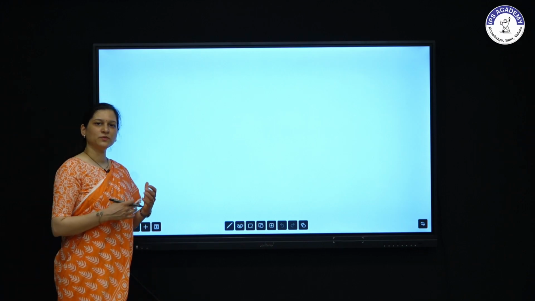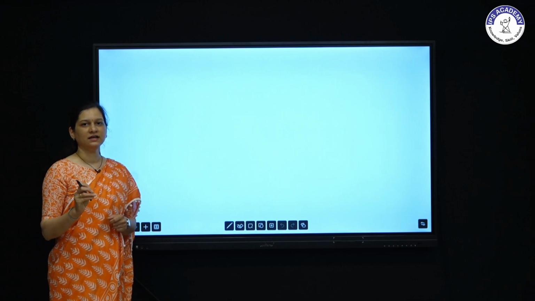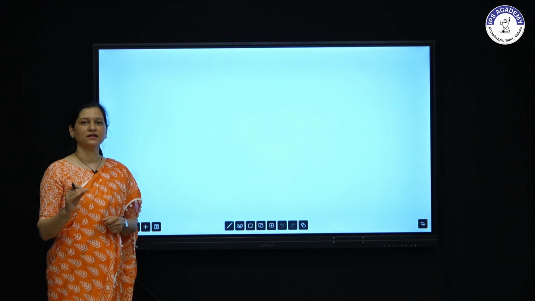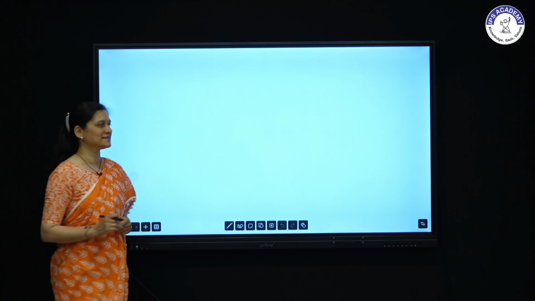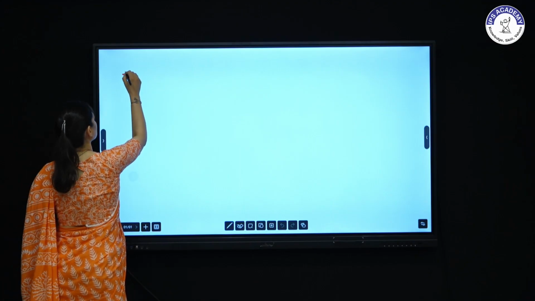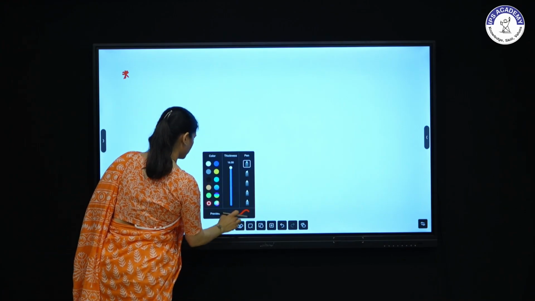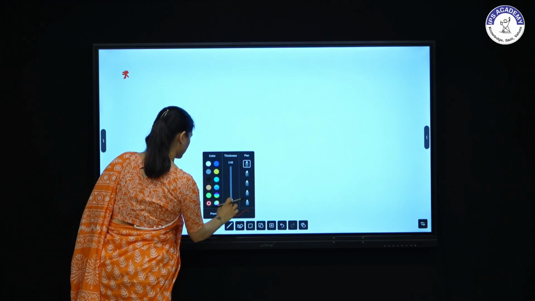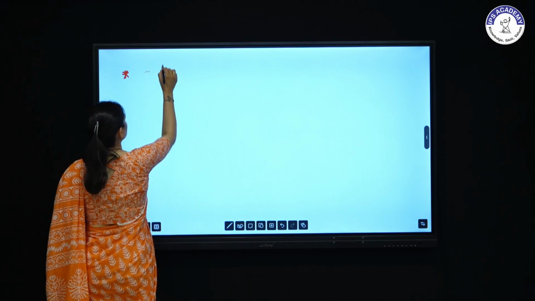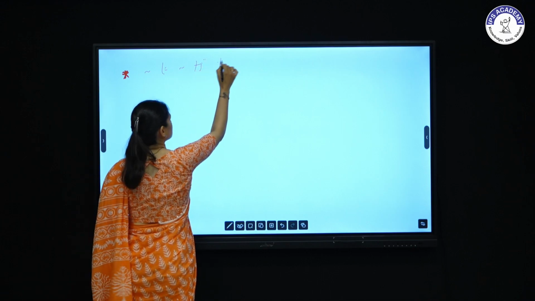Before we start with prepositions in Japanese, we must understand 3 sentence patterns which help us in constructing a proper and a meaningful sentence. So, the first pattern is ni ga arimasu.